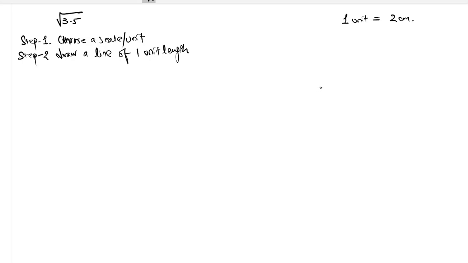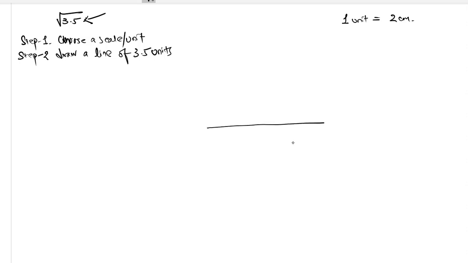Now what is 1 unit? 2 centimeter. I'm sorry, I will make a change. Draw a line of 3.5 units, not 1 unit, because we have to plot root of 3.5. What is 3.5 units in centimeter? If 1 unit is 2 centimeter, 3.5 units will be 7 centimeter. So first draw a line 7 centimeter long.